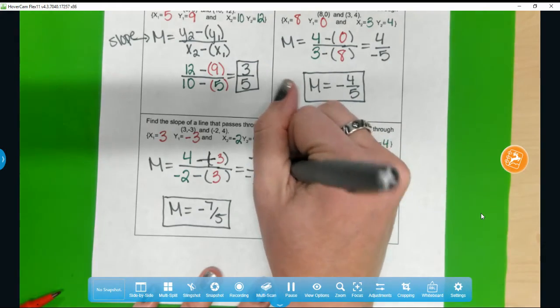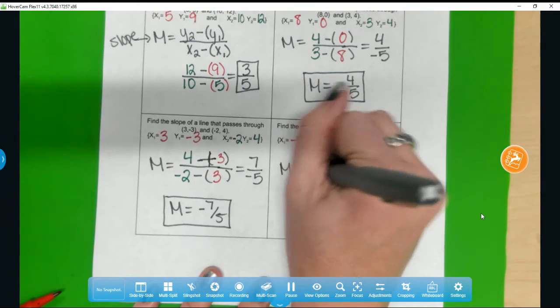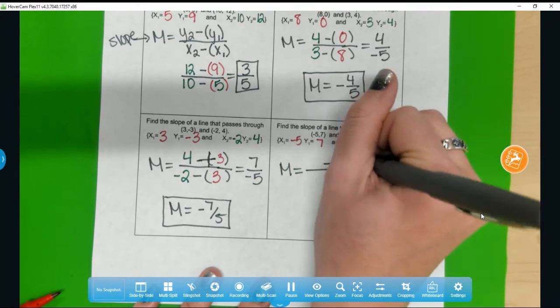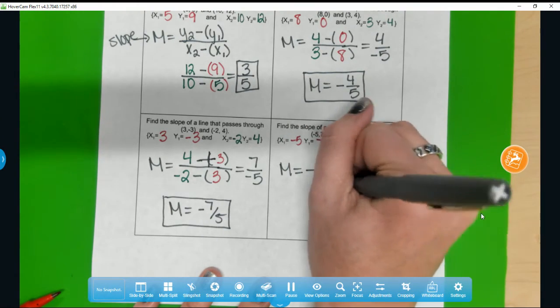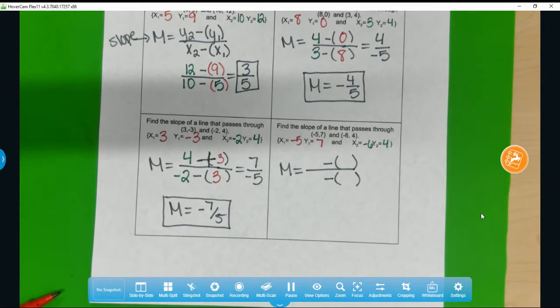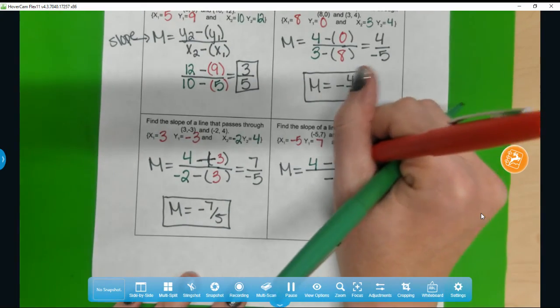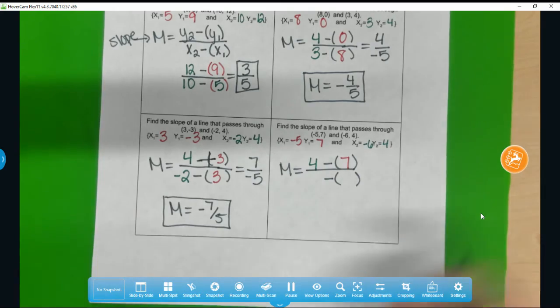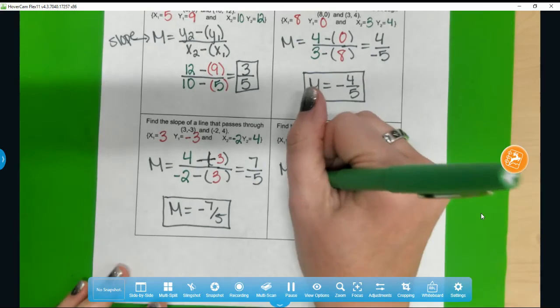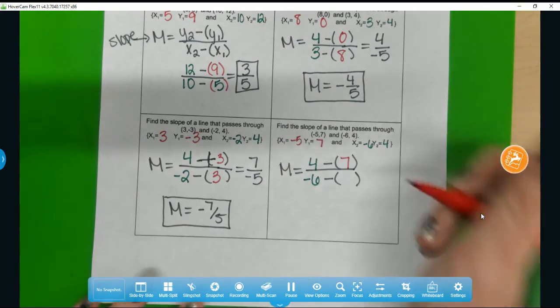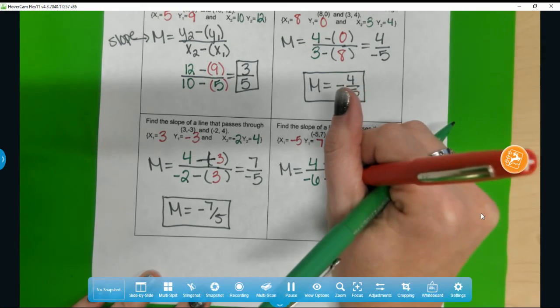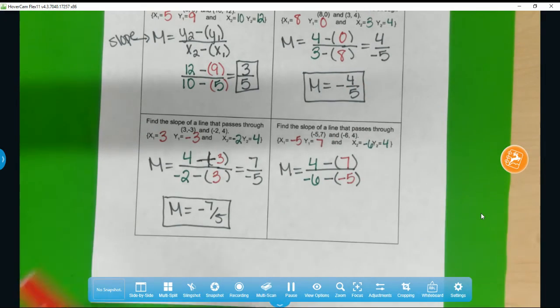So we have m equals our minus in our parentheses, minus in parentheses, and now we're filling it in. So y2 is 4 minus y1 is 7. x2 is negative 6 minus x1, which is negative 5.